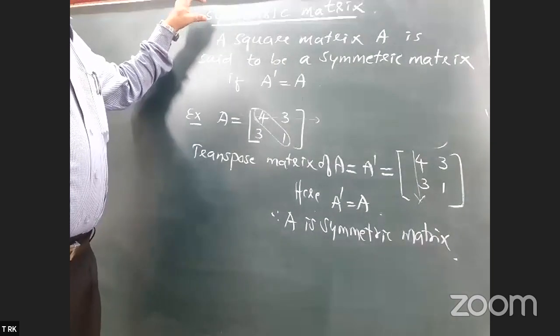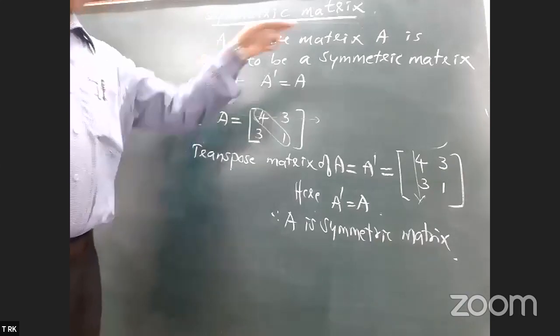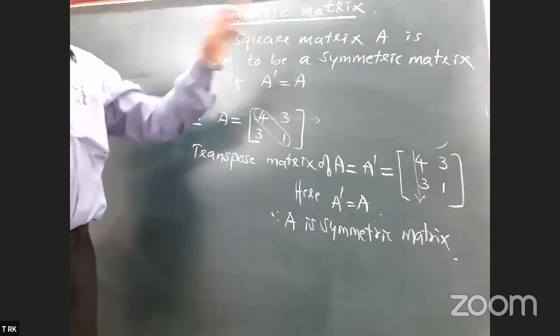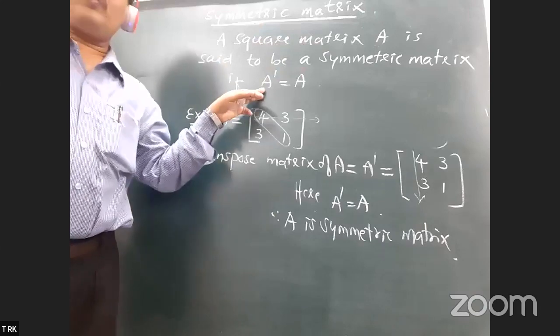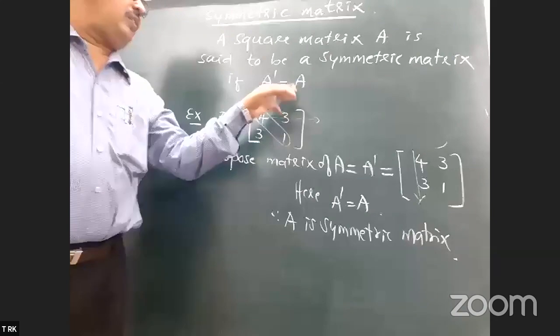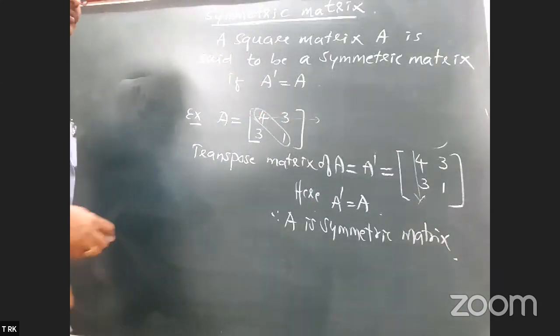So a symmetric matrix is a square matrix A. Basically, A must be a square matrix. A square matrix A is said to be a symmetric matrix if the transpose of A is equal to capital A itself. So, I think it is clear now?